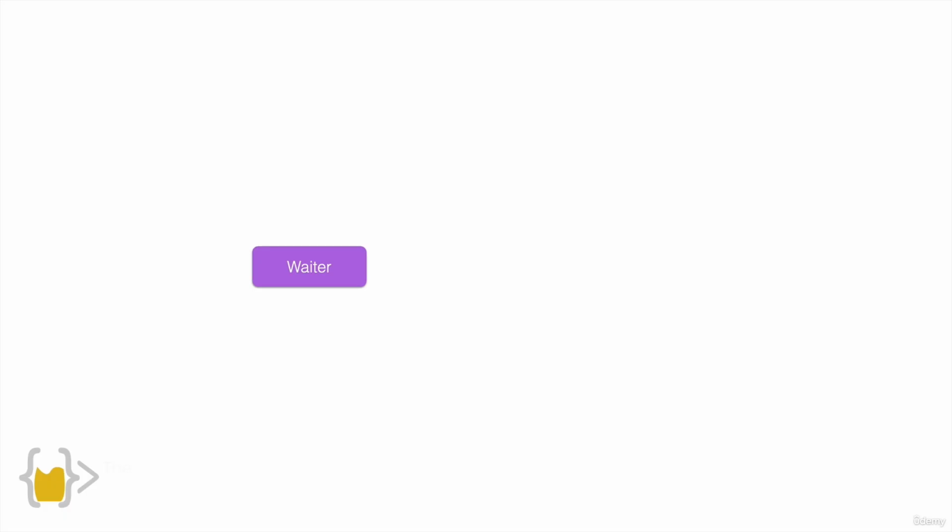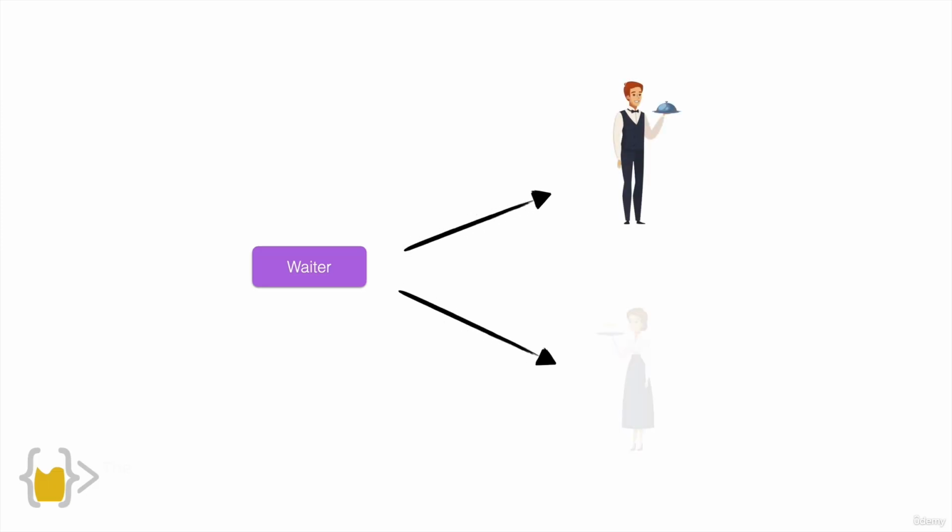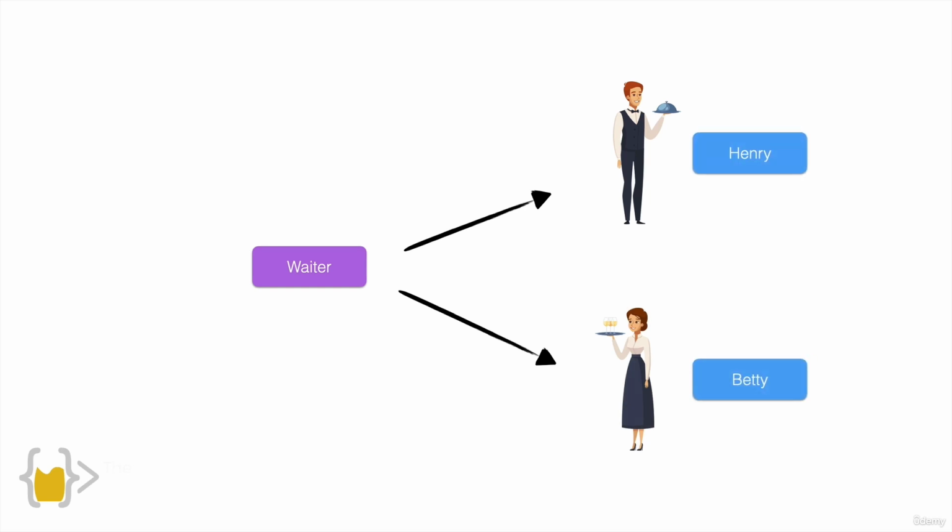So when we've modeled a particular job in our virtual restaurant, like the waiter's job, and we've figured out what are the things that the waiter has and what are the things that it can do, well, we can actually generate multiple versions of the same object. So we could have Henry, who's a waiter, and we can also have Betty, who's a waiter.